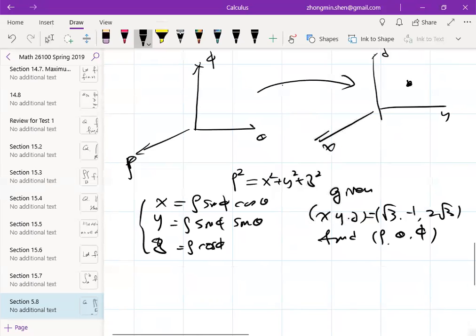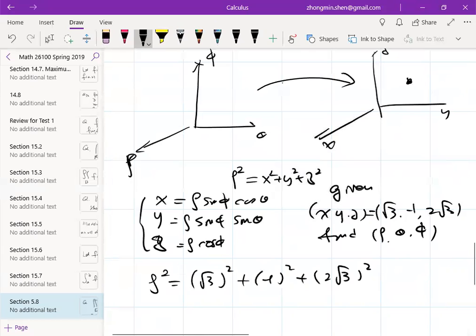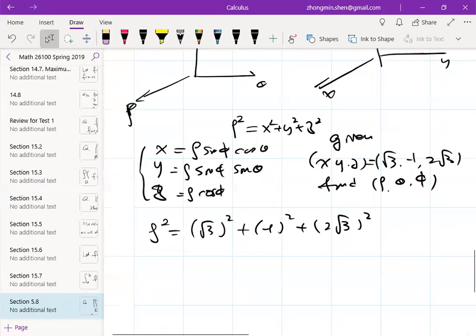Step one, I have to find rho. Rho is positive, and rho squared is x squared plus y squared plus z squared, so square root 3 squared, plus -1 squared, plus 2 square root 3 squared. That's 3 plus 1 plus 12, which is 16, so rho is going to be 4.